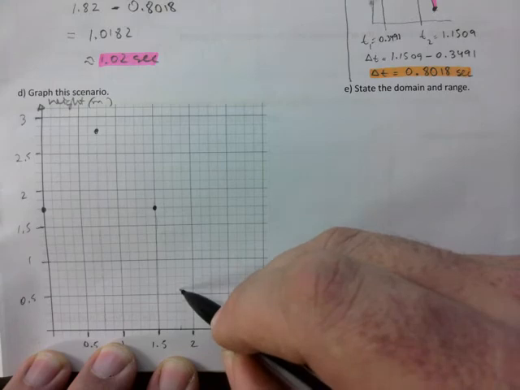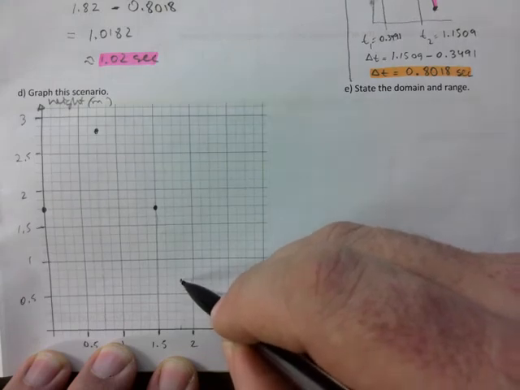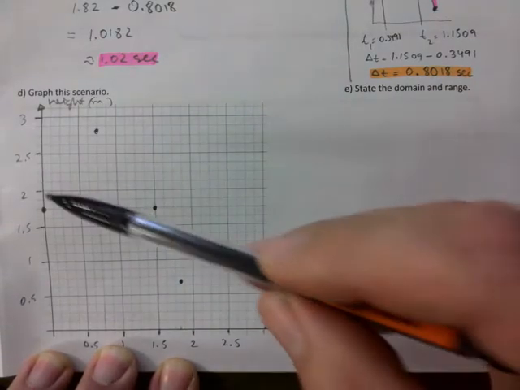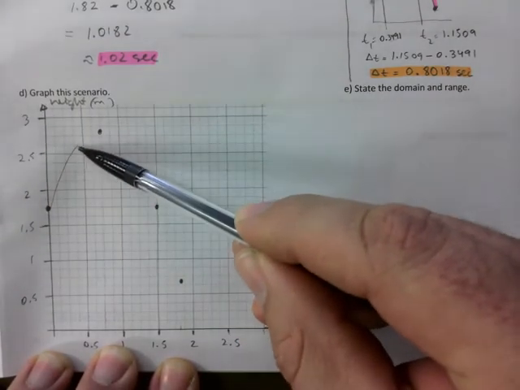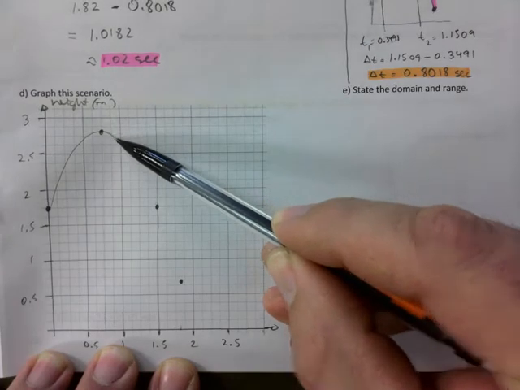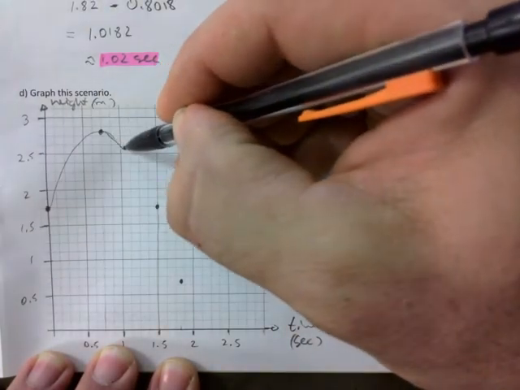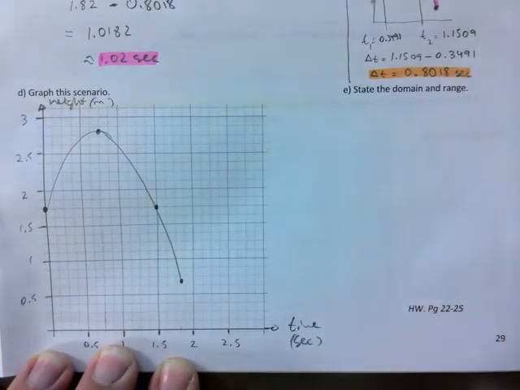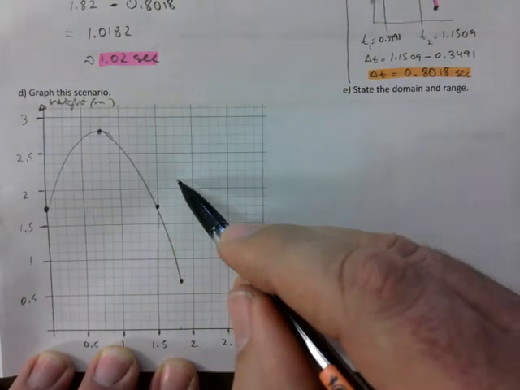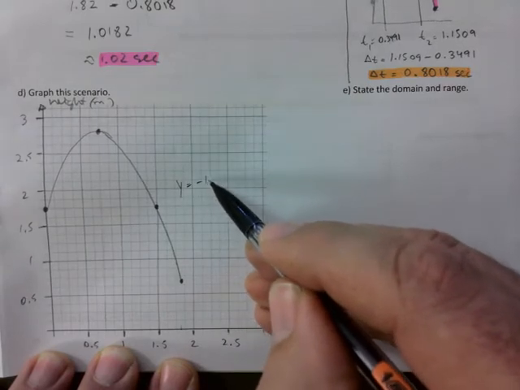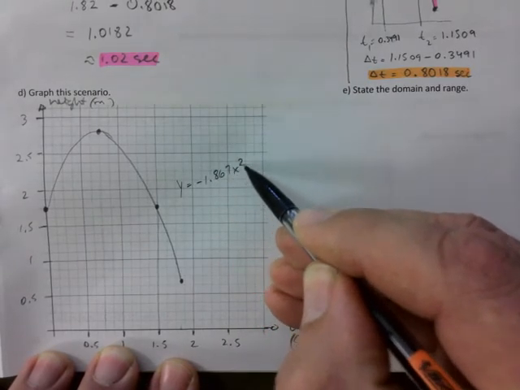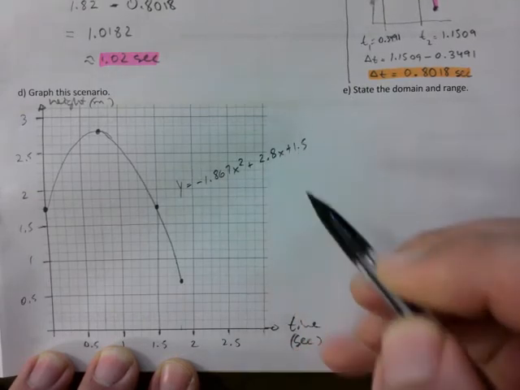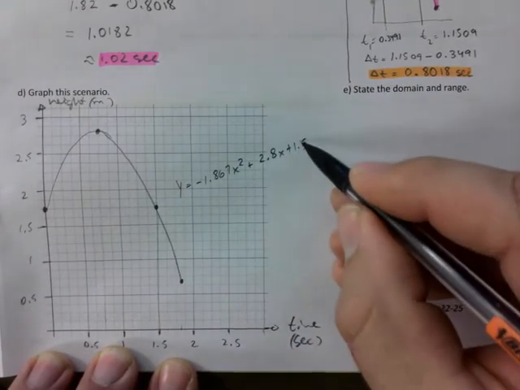You would want that on there. Okay. There you go. Oops, 1.75, right?